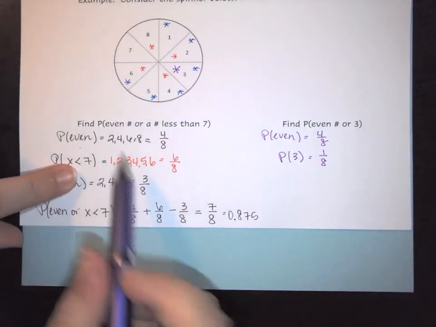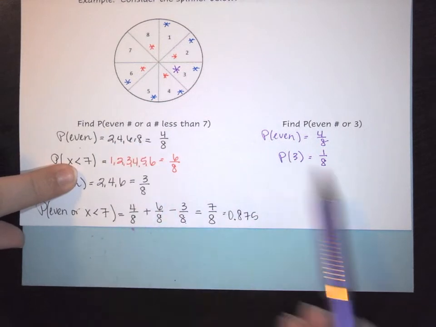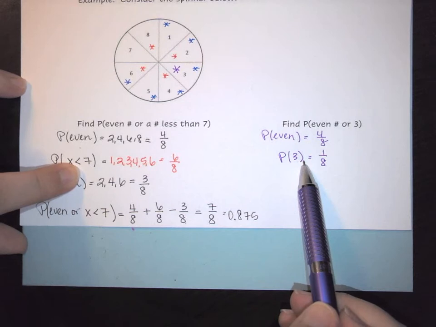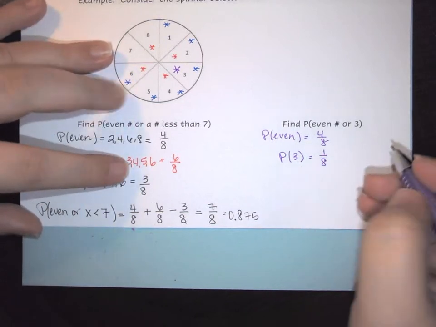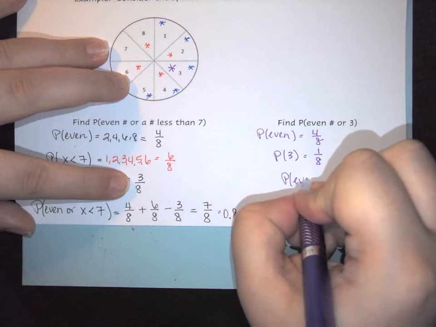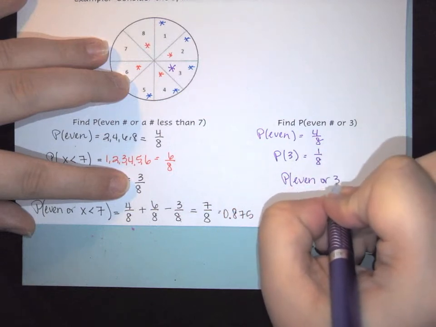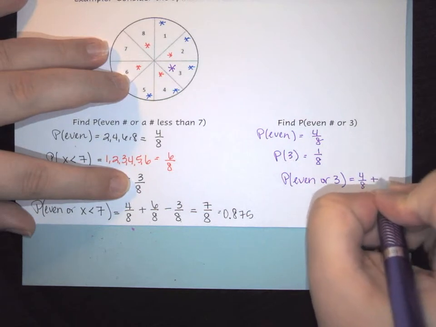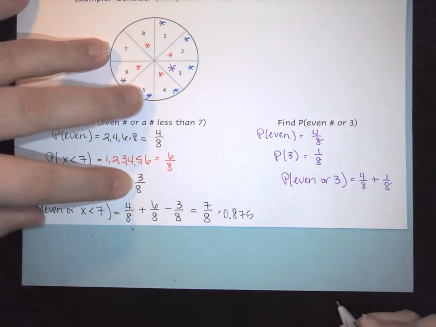Now if you're looking at my evens, 2, 4, 6, 8, and my probability of 3, these do not share anything in common. Therefore they are mutually exclusive. So in this case, the probability that I have an even or 3 is going to be 4 out of 8 plus 1 out of 8.